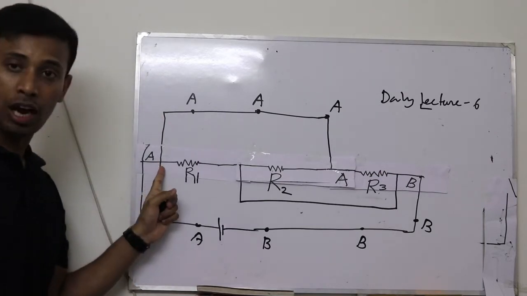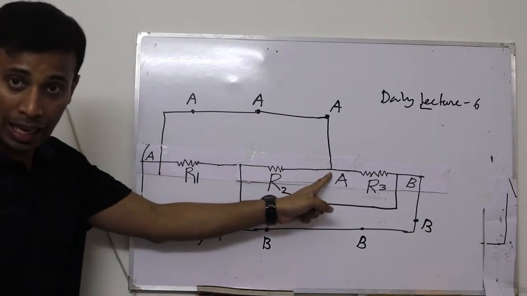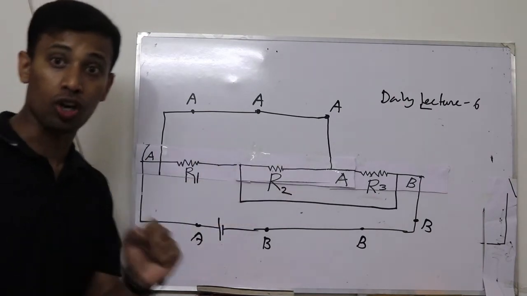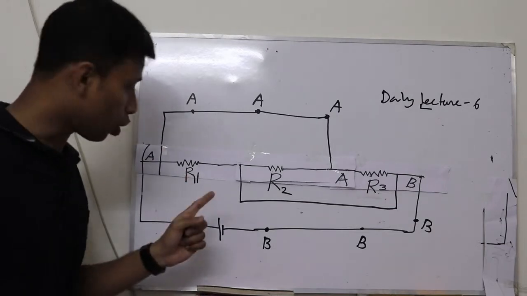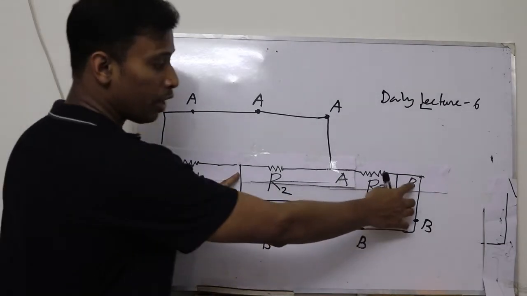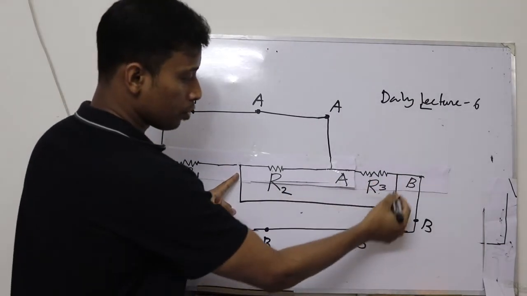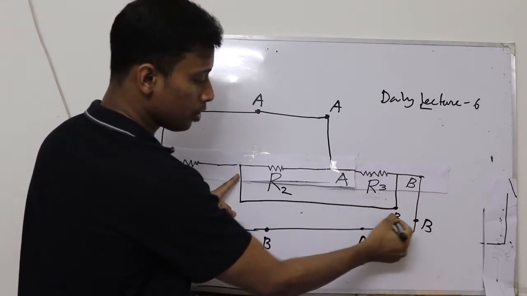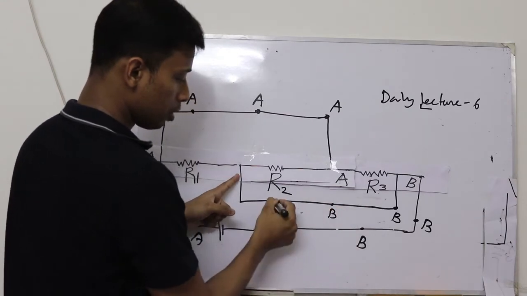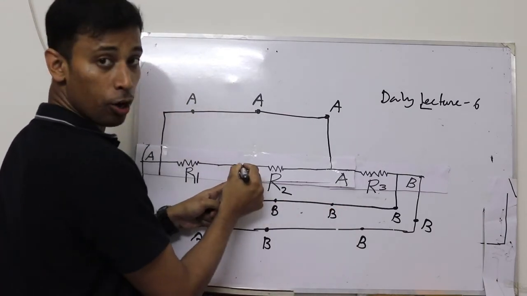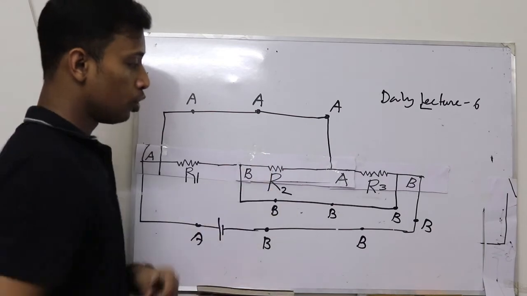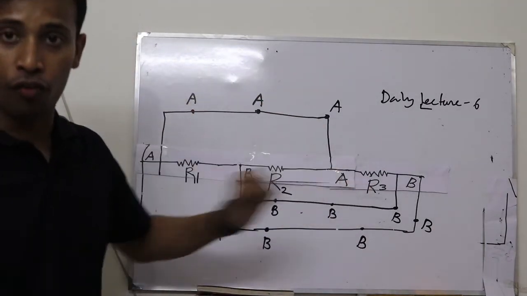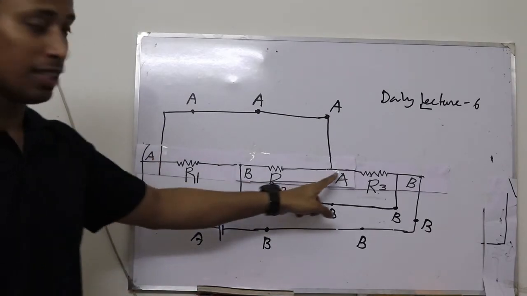About short 2, we know this point is B, so this should be B, this should be B, this should be B, and this point should also be B. So now we can see everywhere, this is A, this is A.